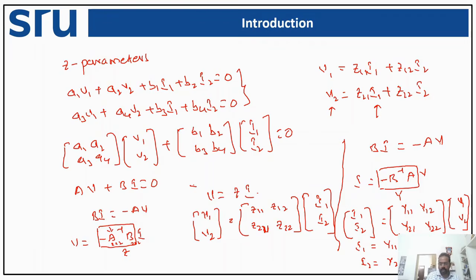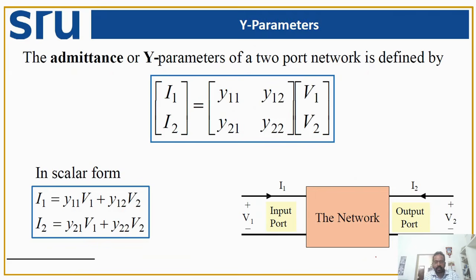Here we assume that our port voltages are independently controlled and the currents respond to changes in port voltages. These are called the Y parameter equations, in matrix form and in scalar form.